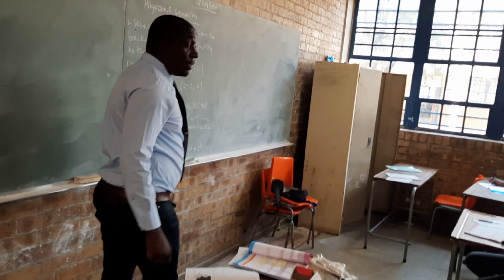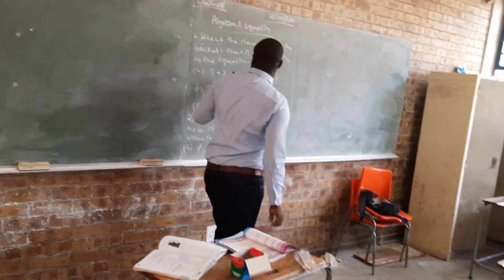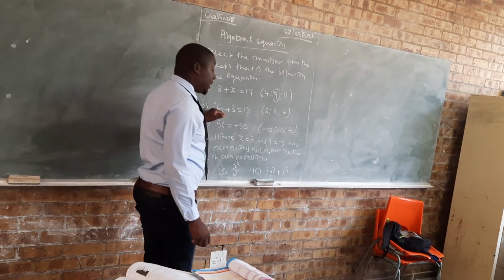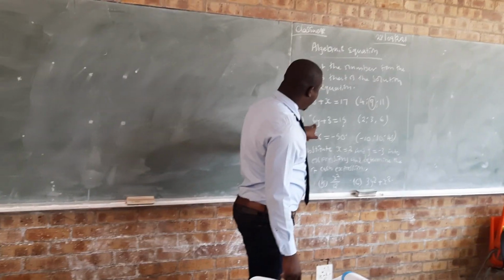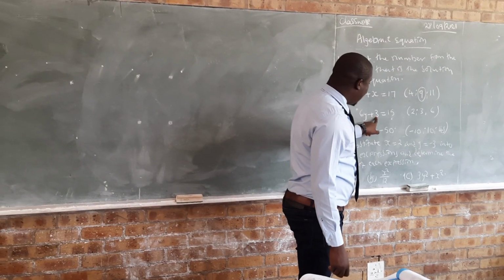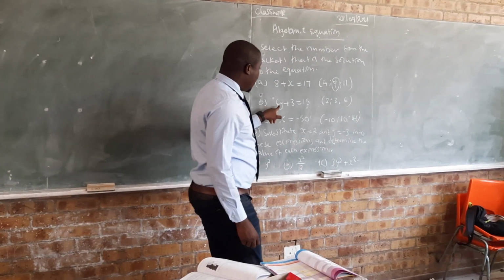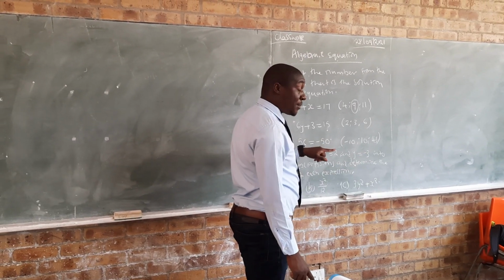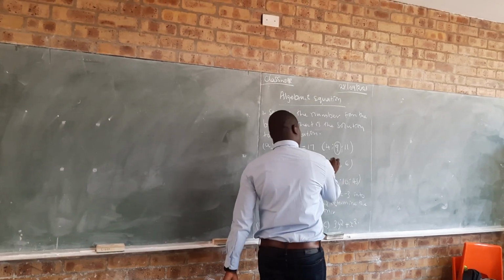It's 9, so 9 is the correct answer because 8 add 9 gives us 17. Now, what is the number that is multiplied by 6, when you add 3, gives us 15? It's 2. 6 multiplied by 2 is 12, 12 add 3 is 15. 2 makes the equation true.